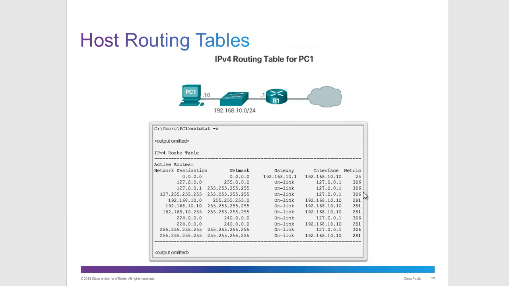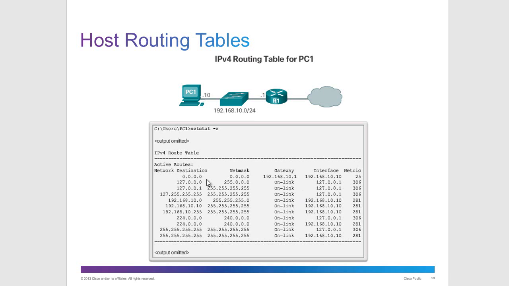To bring up your routing table on your PC, you use the command netstat -r. You can see the IPv4 route table down here. It includes any direct connections to your PC on the local network, your local default routes, as well as your default gateway to get to any unknown IP addresses that aren't on the network.